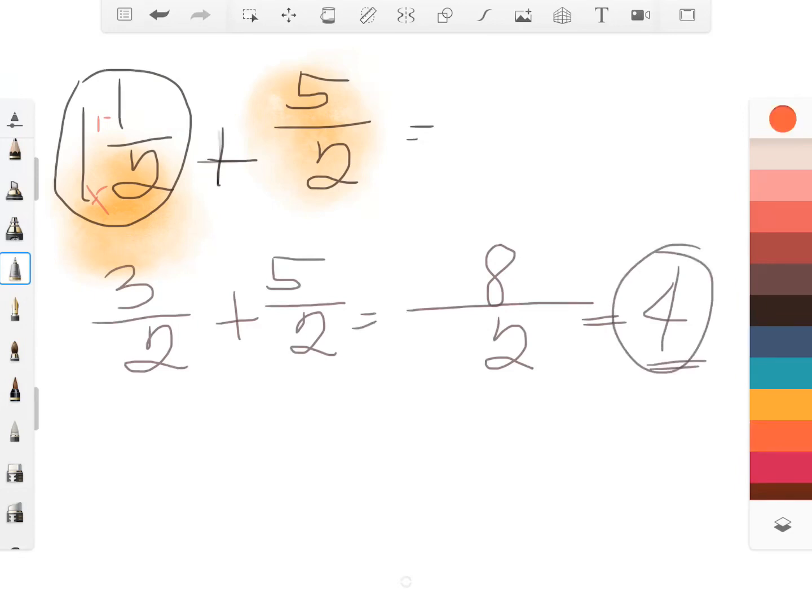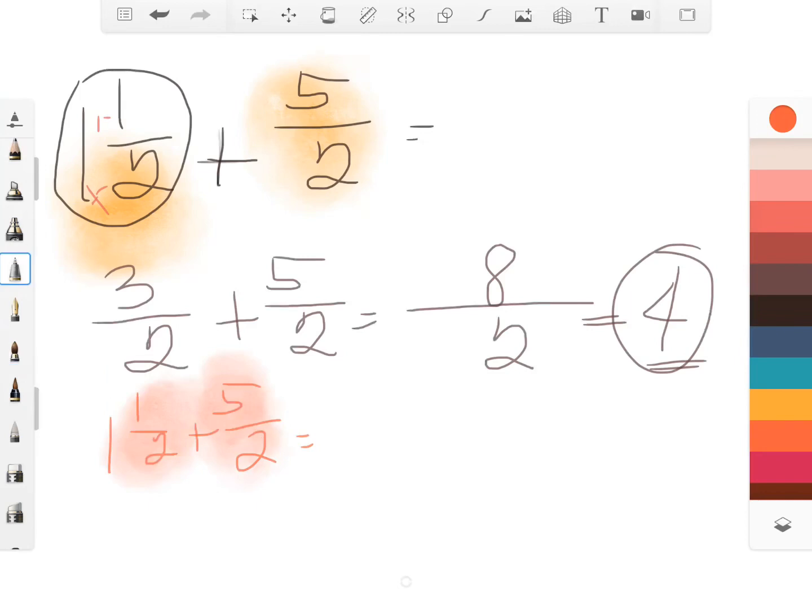Now, let's see 1 and 1/2 plus 5/2. Okay, so what you're going to do now, because 1/2 and 5/2 are already similar, is just disregard the whole number in the first fraction. So it would be like this.